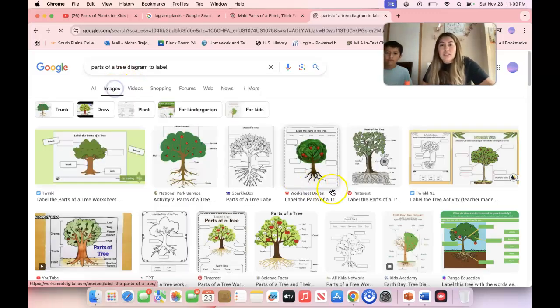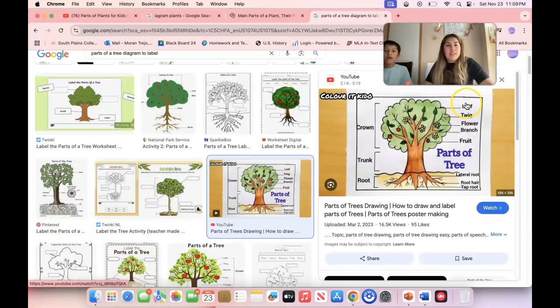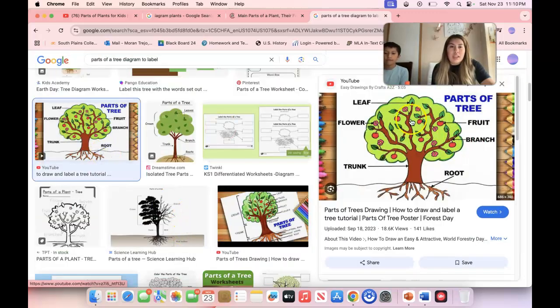Here is a great example of a tree. So it has the leaves, the twigs, the flowers, the branches, the fruit. Or this one. It has the leaves, the flower, the trunk, the roots, the branch, the fruit.